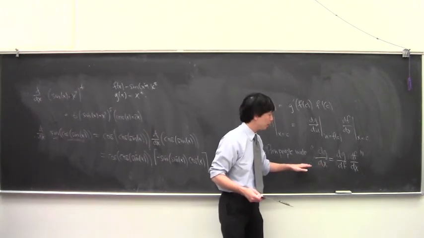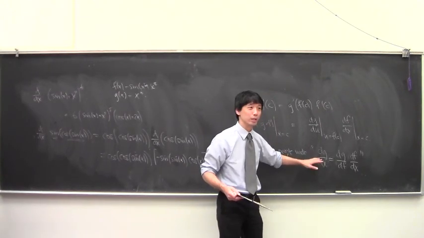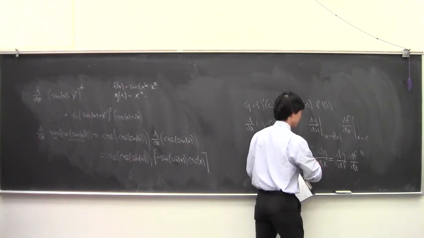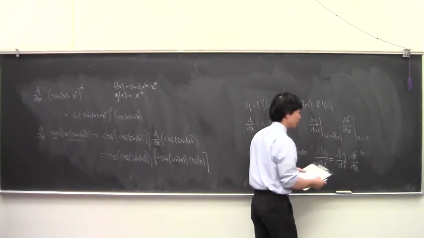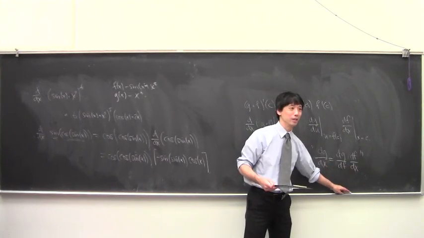But this is very misleading, and this sort of reasoning doesn't work in higher dimensions. So I think it's best to just not. The warning is: don't think that there's some sort of fraction thing going on here. It's not a fraction thing.